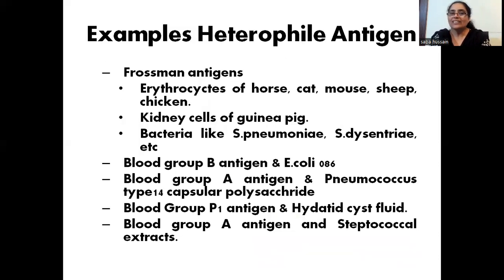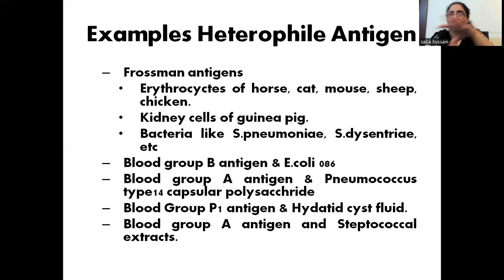Examples of these heterophile antigens are important for exam going students, and I have put them in one slide so that you remember. Heterophile antigens can be Forssman antigens, and Forssman antigens can be found on the erythrocytes of horse, cat, mouse, and sheep, which share the same sites. Some chemical structure is the same in them, and in the kidney cells of guinea pig, while bacteria like Streptococcus pneumoniae and Shigella dysenteriae, and a few more bacteria, share the chemical structure.